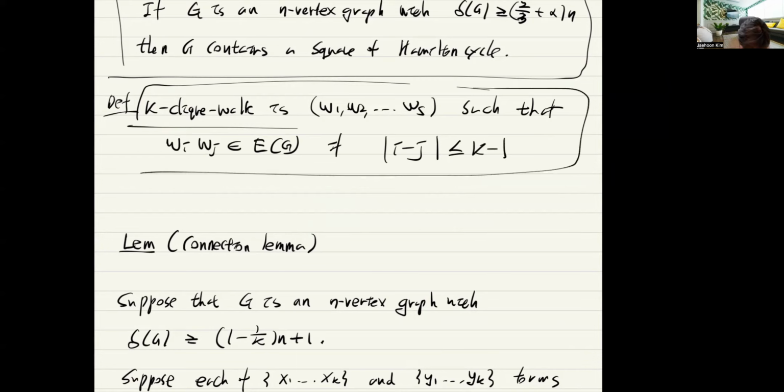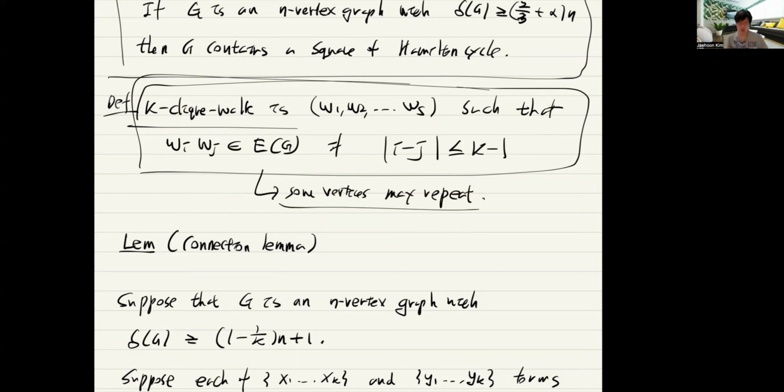So here some of the vertices may repeat. As we normally say, if we have a walk, that means you can come back to where you started and then use the same edge and then go. That's also a walk, as long as you have these edges. So this sequence is actually a 3-clique walk.